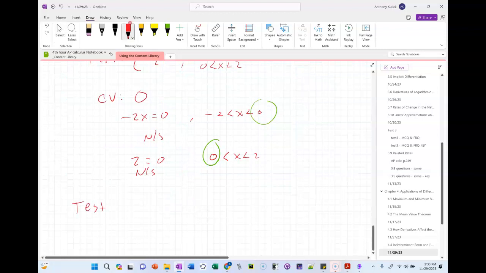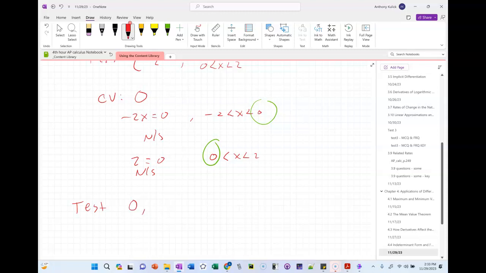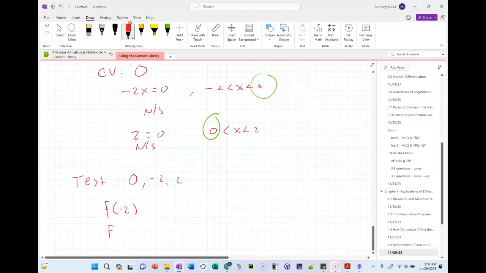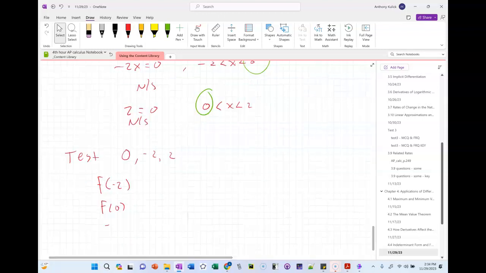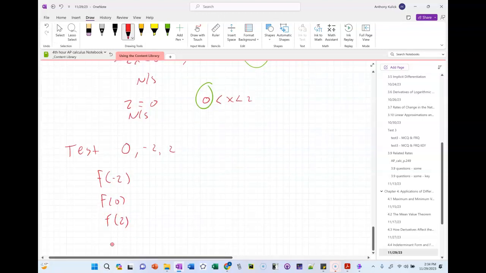So for an absolute max and min, I need to test my critical values as well as the endpoints on my closed interval, which were -2 and 2. So I'm just going to plug those in for f. And the biggest should be the maximum, the smallest should be the minimum. Okay?